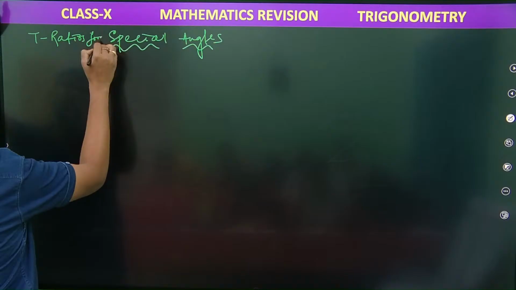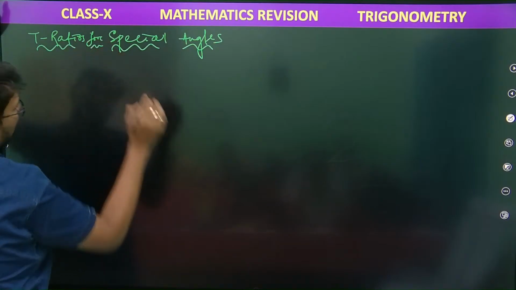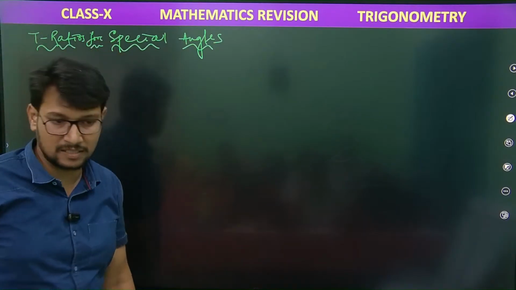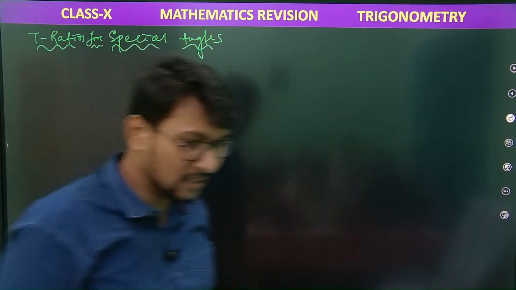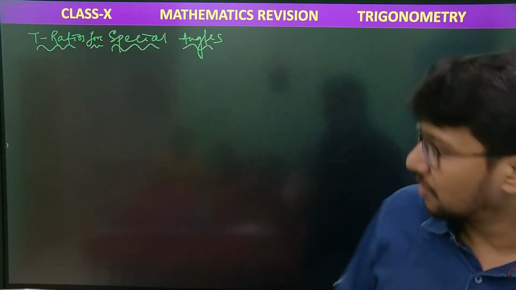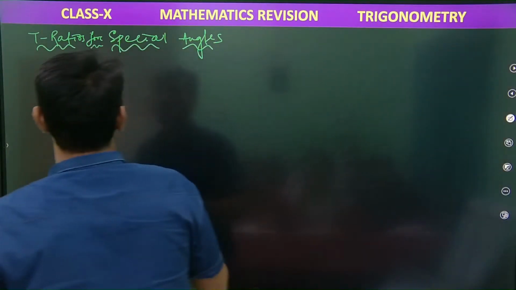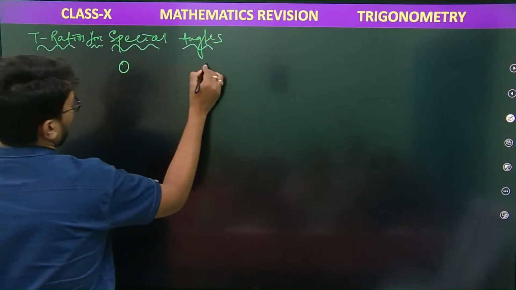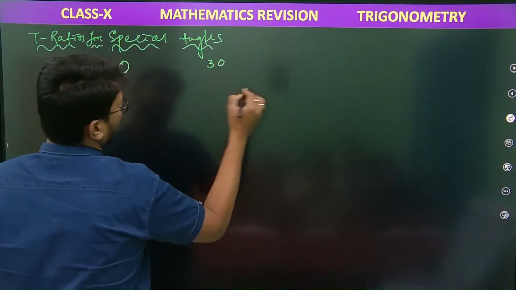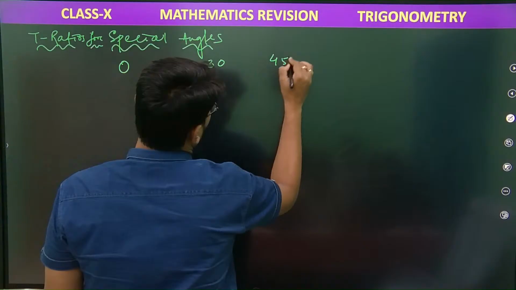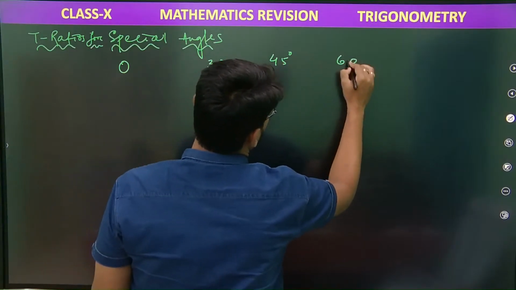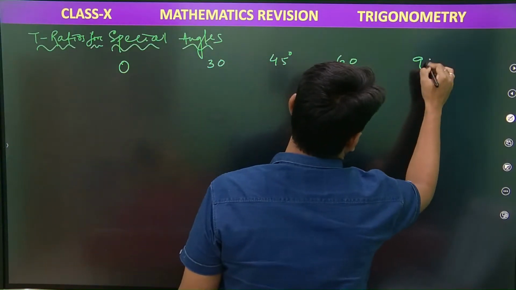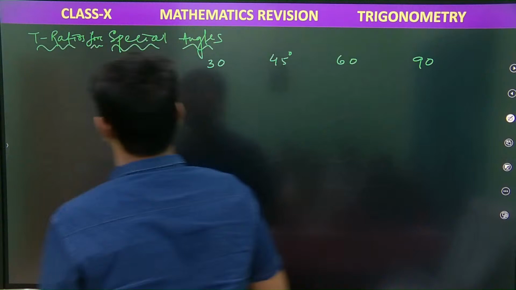What are the special angles? Tell me. They are 0, 30, 45, 60 and 90. Clear, everyone?